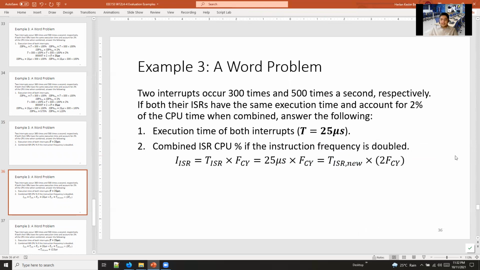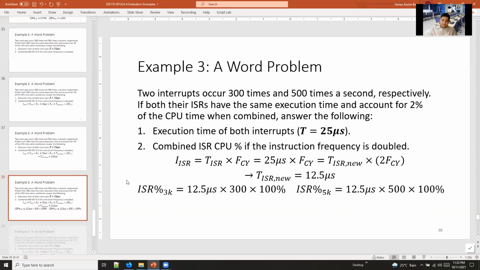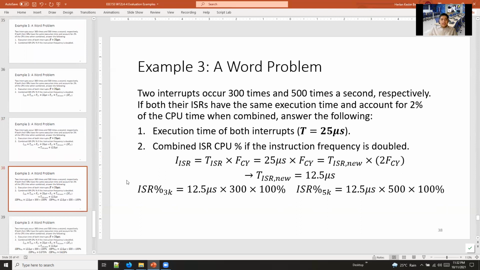So, isolating yung or finding the new execution time, we get that ayun, 12.5 microseconds. So, intuitive naman, bumilis yung ating instruction frequency by 2. So, yung time it takes for us to finish the ISR should be cut in half. So, 12.5 microseconds.